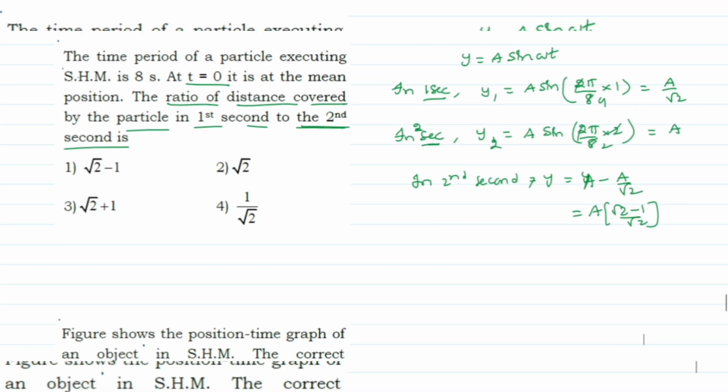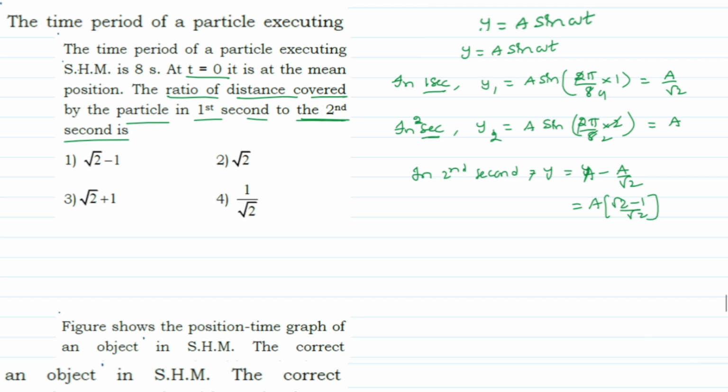Now let us take the ratio. Let this be y3. The ratio of the first second to the second second is y1 by y3. y1 is a by root 2 and y3 is a into root 2 minus 1 by root 2.